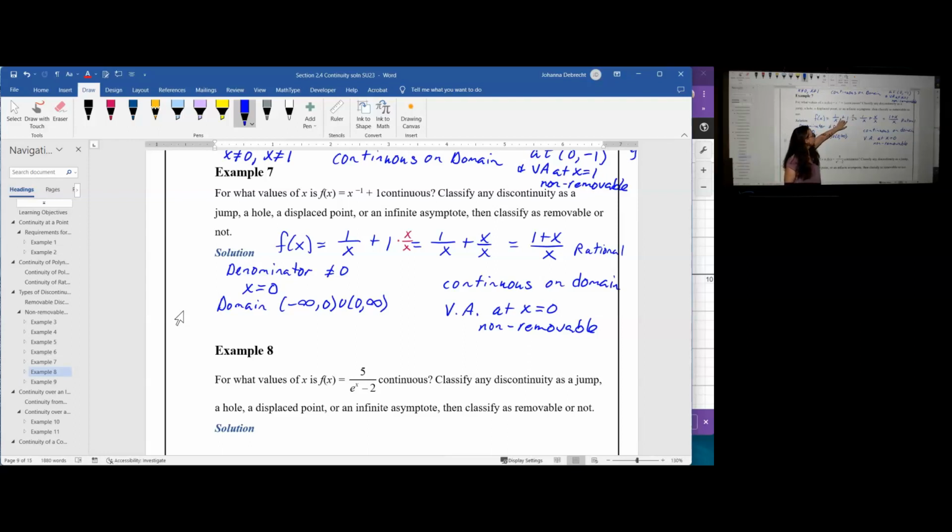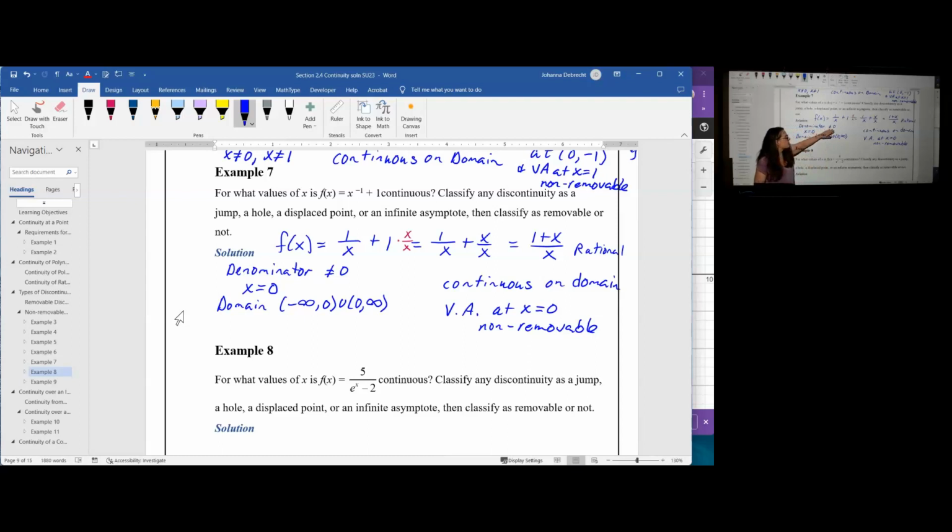Then to add 1 to it, I'd like to get a common denominator. It helps to have it written as one term when it's possible. It's not always possible. In this case, I multiply by 1 in the form of x over x, and combining my like fractions, I get 1 plus x over x, which tells me it is the ratio of 2 polynomials. It will be continuous over its domain.